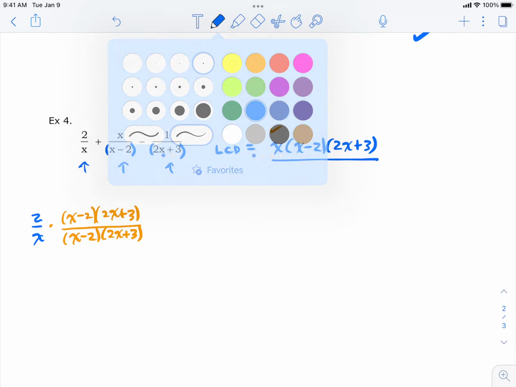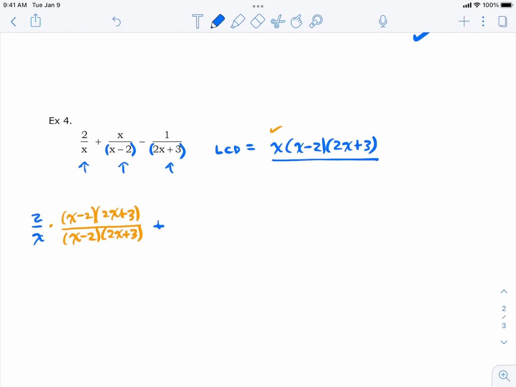Okay. This one here, plus x over x minus 2. But then we have to give it all of this stuff. Let's see now. Start over. This one's got the x minus 2, but what it needs is an x and a 2x plus 3, top and bottom. Oh boy, this is looking hideous.